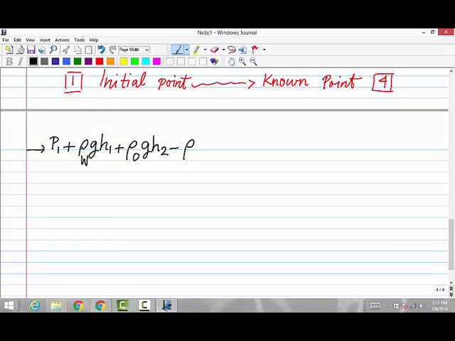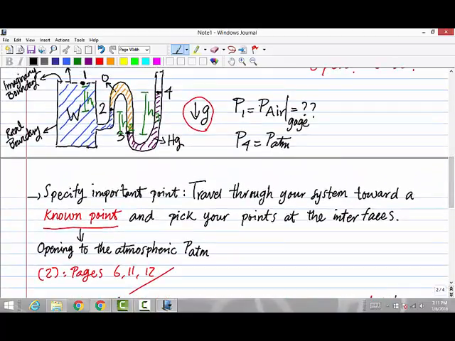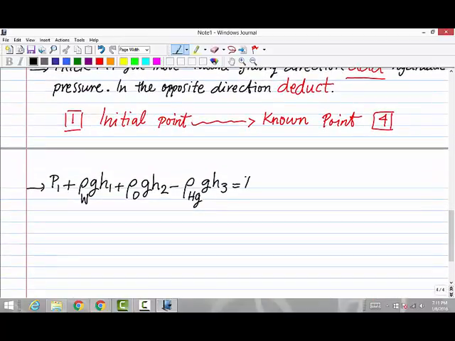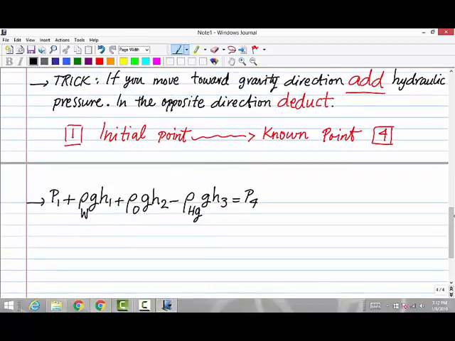Minus rho, we went through what? Hg, rho Hg g H3. Where are we now? We're at point 4. Okay, great. So equals P4. That's it. That's all we need to know.